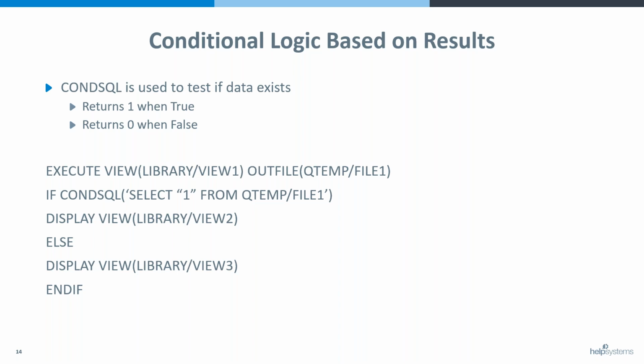So I'm only going to run view 2 if there's records, and I'm going to run view 3 when there aren't records. With an if statement inside of a script, you do have to end it with an end if. So that's pretty straightforward. And it's the beauty of that condition SQL that allows us to easily determine if there's records or not.